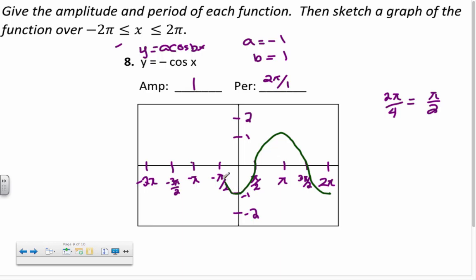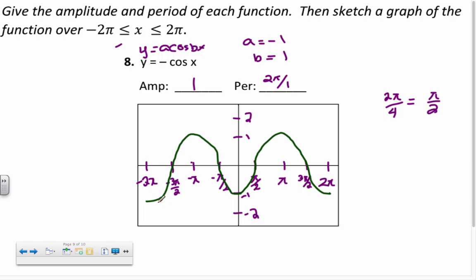I can do the same thing going up through negative pi over 2. By the time I hit negative pi, I should be at an amplitude of 1. Then go back down to negative 1 at negative 2 pi. Now, my graph is a little sketchy. You should have a much more fluid curve. It's a little hard to do on the computer here, but that is the general idea when you are graphing a cosine function.